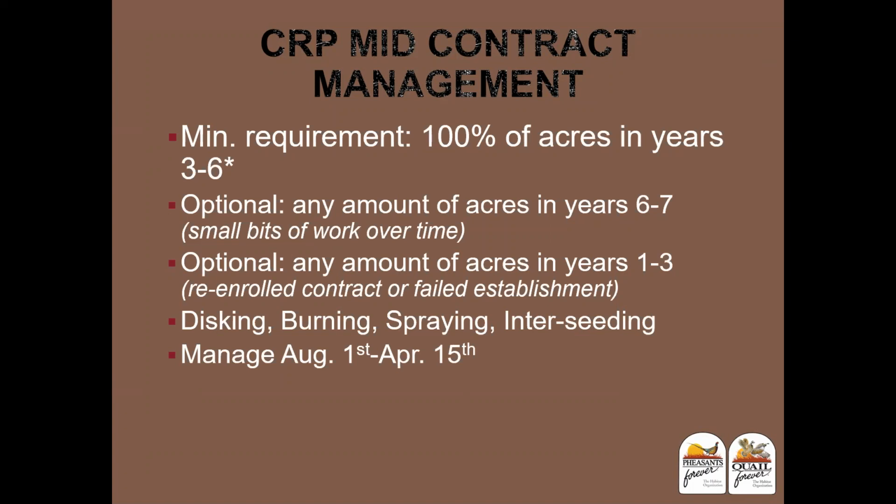So if you are interested in doing management, definitely consider doing it any time after August 1st and before April 15th. So about a month yet here until that April 15th deadline. That's why we decided to push this through and talk about it.